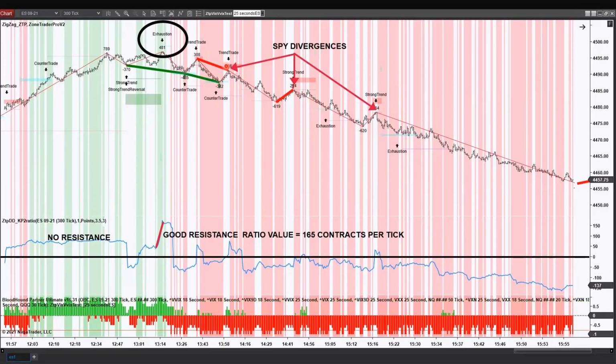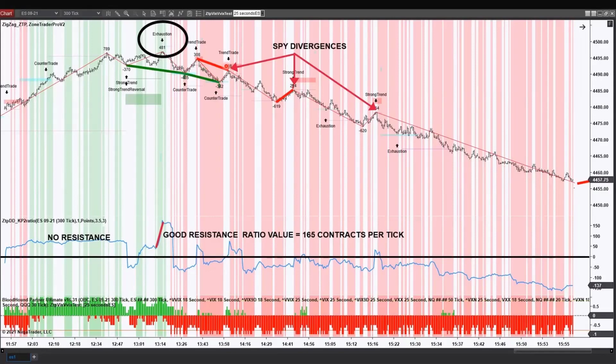They're pulling their bids, they're pulling their offers, and they're not putting them back in until they see an actual turning point. And I think this is why we see so many of these divergences occurring on the stocks and not as many on the ES.